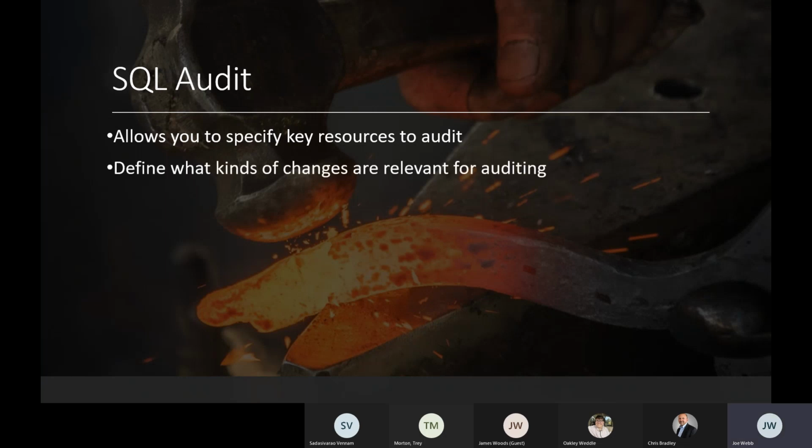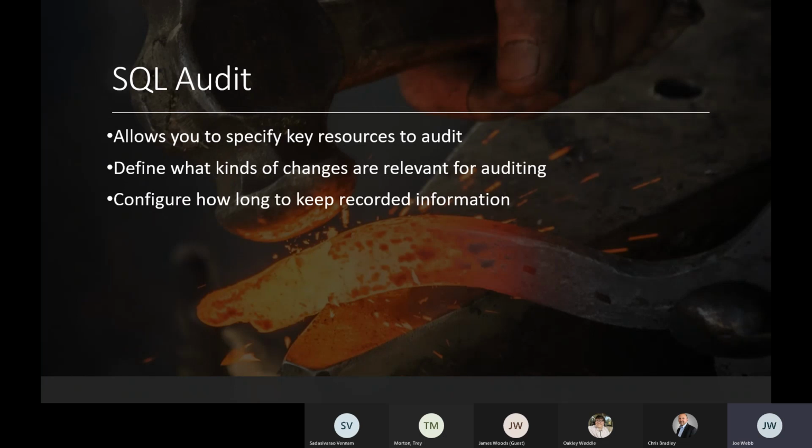We can define what changes are relevant for auditing. So do we care when someone inserts a new row into this table? Do we care when a user is dropped from a database? Do we care when other modifications have been made to role membership or when new roles were created?